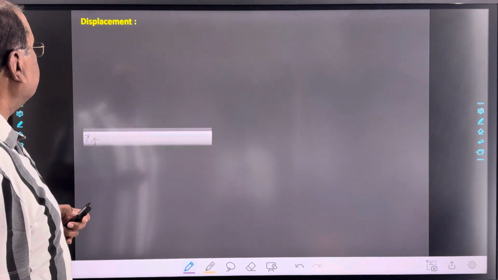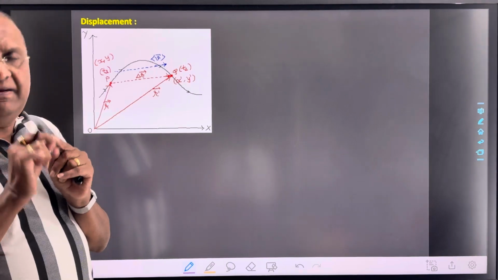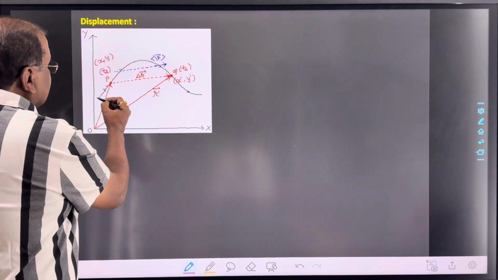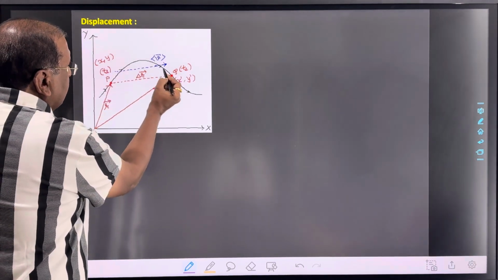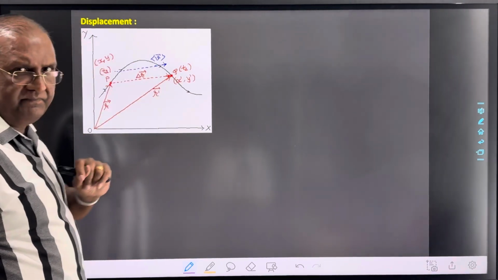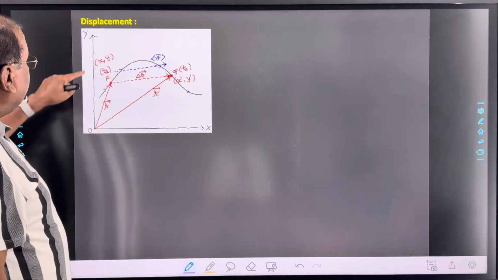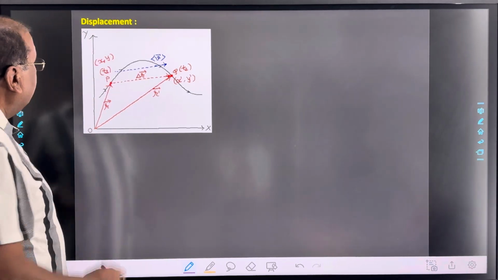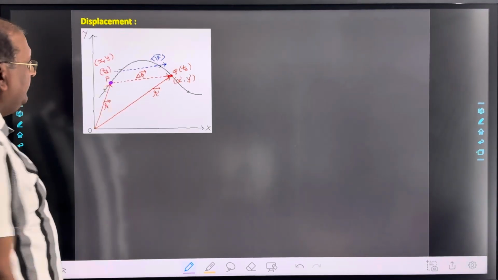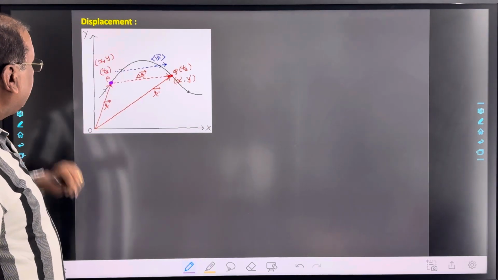So, suppose we consider the motion of any particle in two dimensions. In the xy plane, suppose one particle is moving on this curved path, which is represented by this black curve. Okay? Now, arbitrarily, suppose at some instant t1, the moving particle is at position P. Its coordinates are x, y.